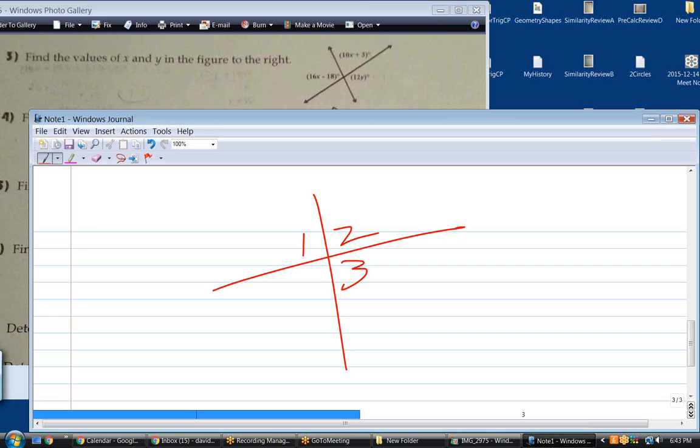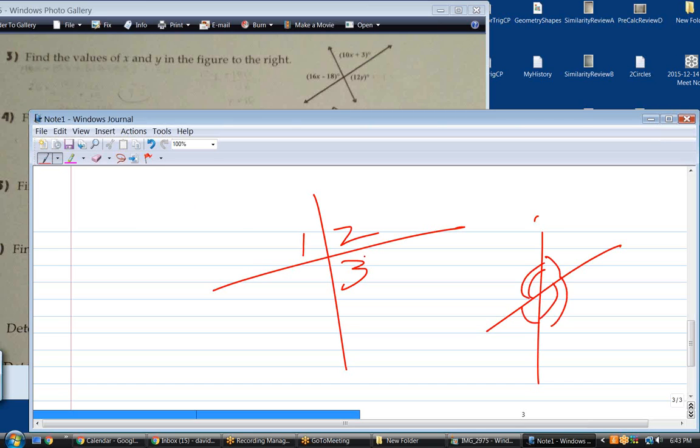Okay. And what's the relationship between 1 and 3? They are complementary. No, they're equal. They're vertical angles. Whenever you have two lines cross, that angle is equal to that angle, and this angle is equal to this angle. Always, as long as they're straight lines.